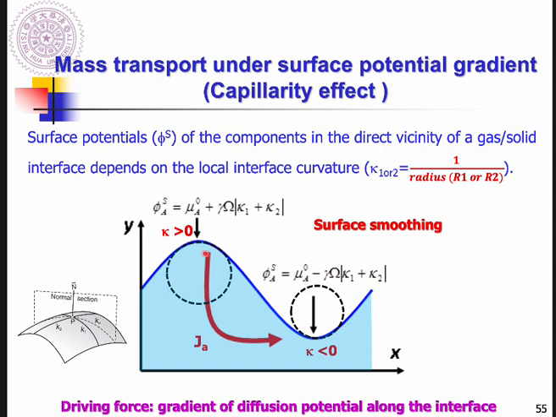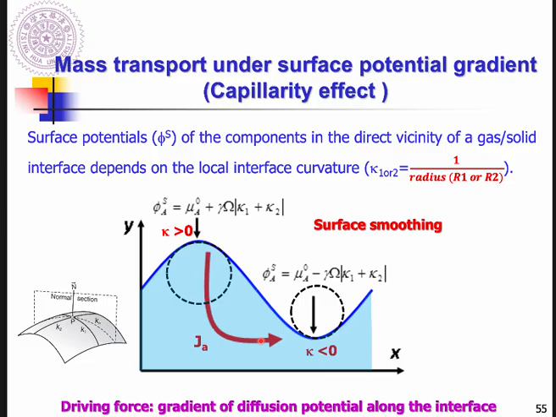So now you have a surface potential difference. This gradient, the difference divided by distance, will drive the atomic flux. And from where to where?